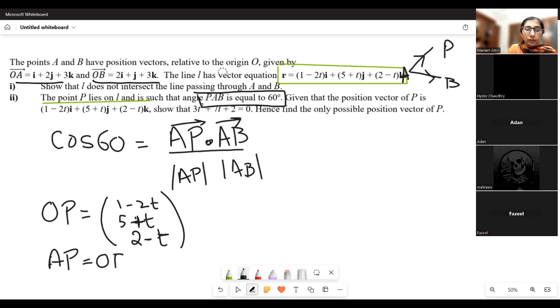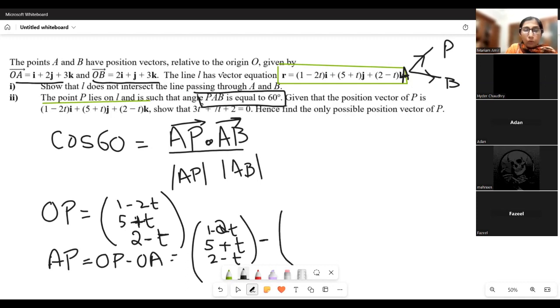AP would be OP minus OA, which is going to be 1 minus 2t, 5 plus t, 2 minus t, minus OA, which is 1, 2, 3, which gives minus 2t, 3 plus t, and minus 1 minus t.